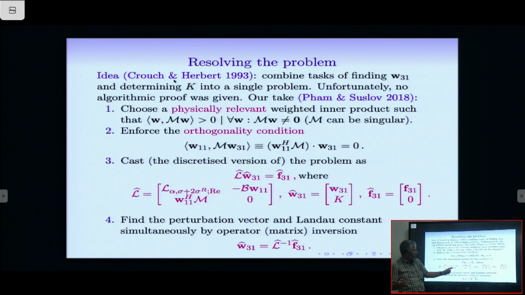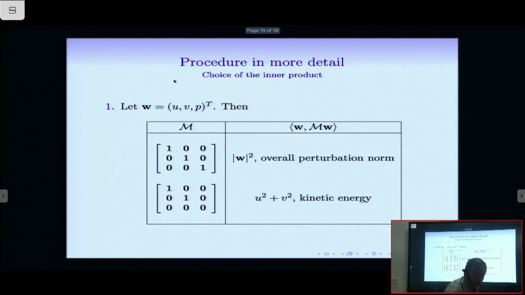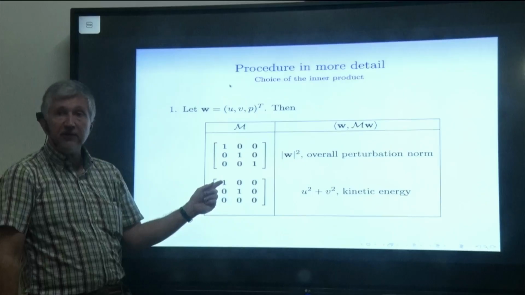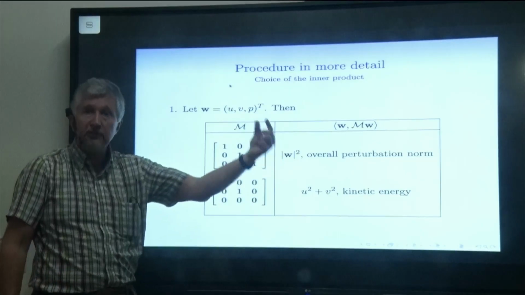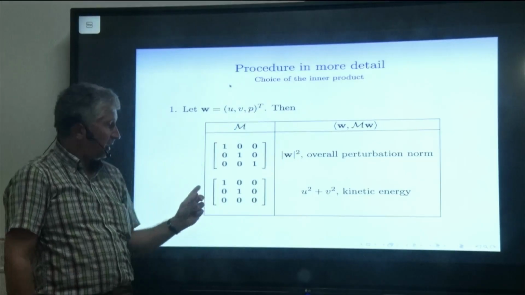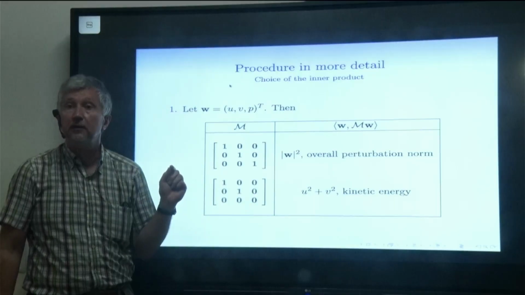And in the case of kinetic energy, matrix M will have just this very simple form, 1, 1, and 0. So if you take a vector U, V, and P, and multiply it by this matrix, what will you get?